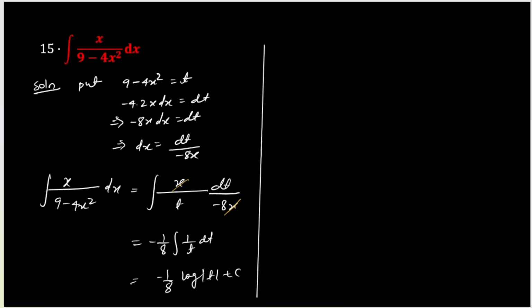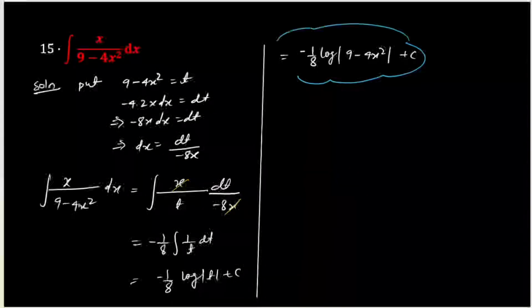Then t is replaced in terms of x, we get minus 1 by 8 into log of 9 minus 4x squared plus c. This is your answer.